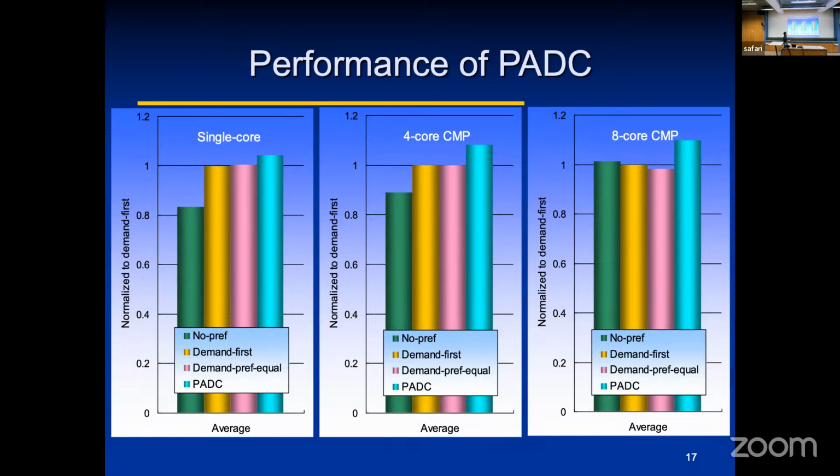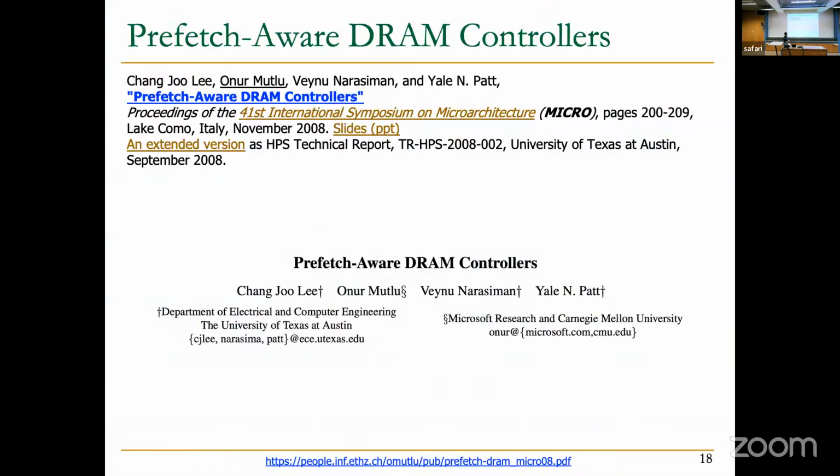In those cases, having dynamic policies like prefetch-aware DRAM controllers can provide much more performance benefit in these constrained environments as compared to a single core environment. See, the gap is lower there. If you are interested, definitely check out this paper.